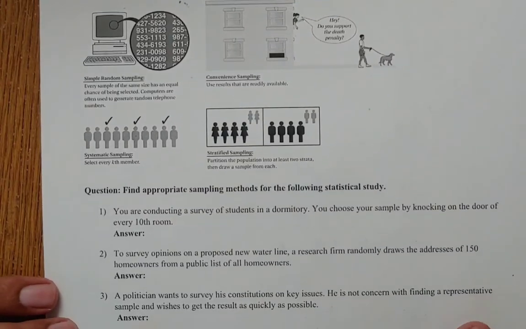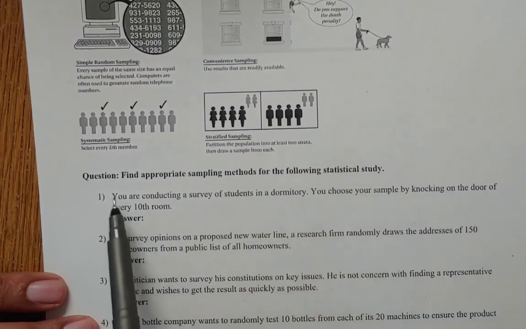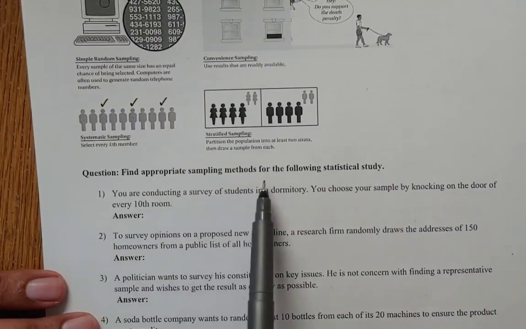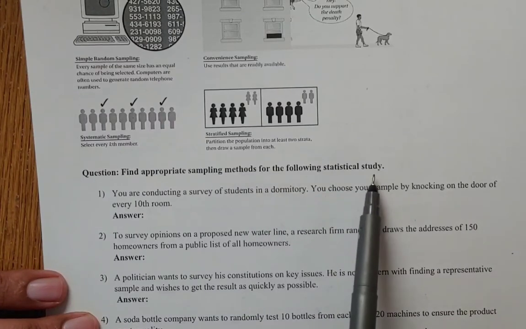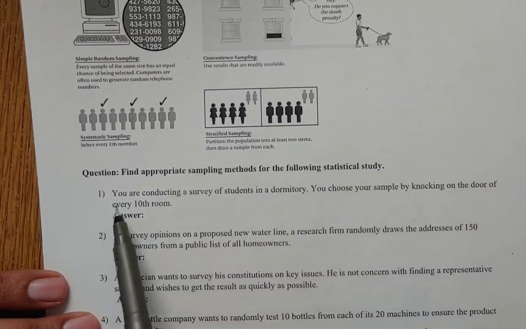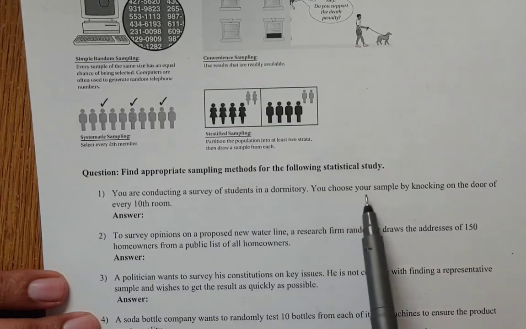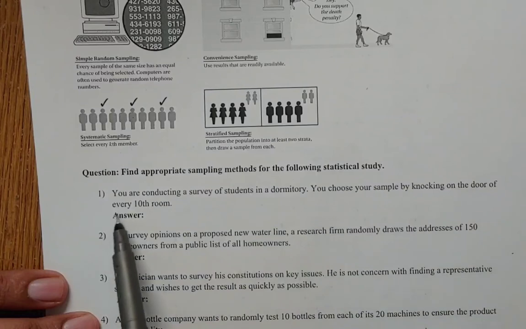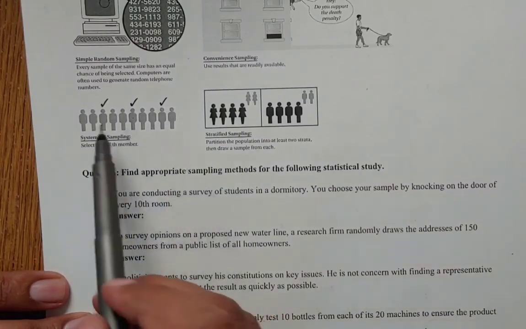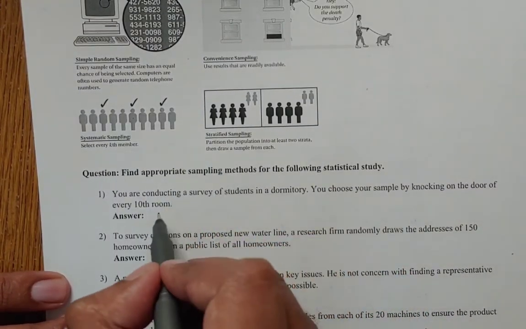All right. Now this question is here: find the appropriate sampling method for the statistics study. You are conducting a survey of students in a dormitory. You choose the sample by knocking on the door of every 10th room. So every 10th room is systematic sampling.